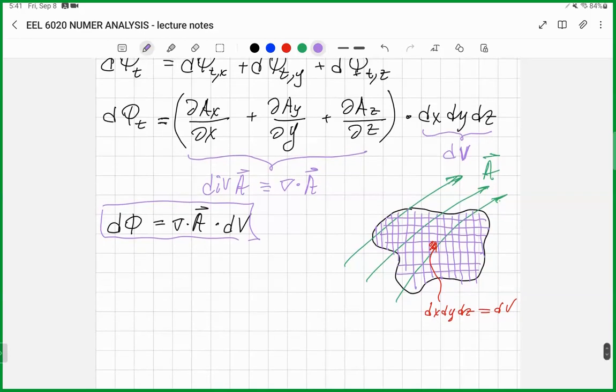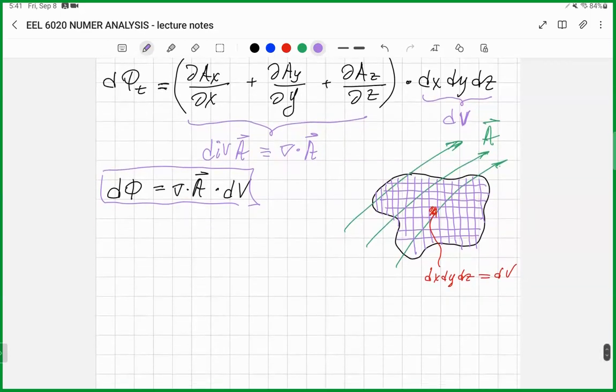And since flux is a scalar quantity, you can simply sum up all the contributions from all these voxels from this volume. Mathematically, it means taking the integral of this formula over the volume, right? So it's going to be an integral of third order, so basically three integrals here, of the divergence of the field dV.